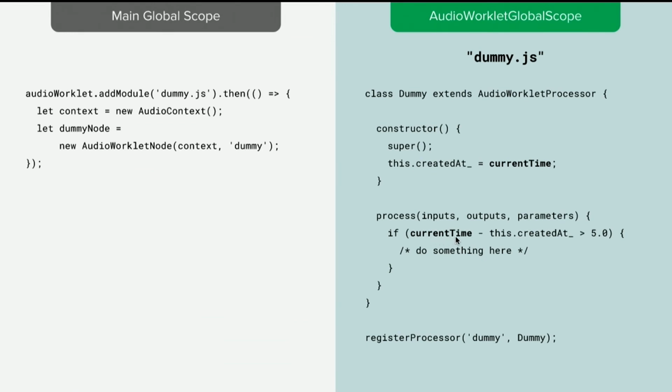So I query current time again. I subtract this createdAt number. That means it's kind of the elapsed time from the node construction. So if this node is created and has been running for 5 seconds, do something. And the timestamp here is pretty much sample accurate.